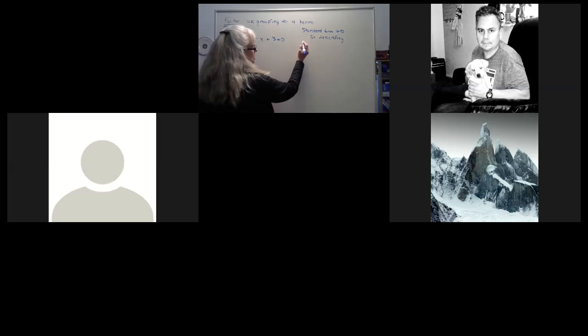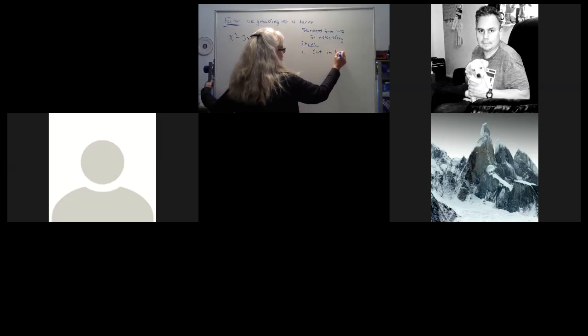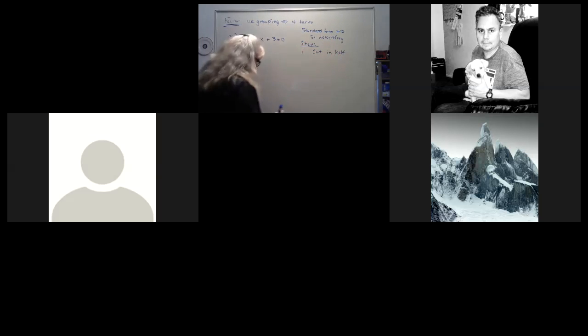Okay, so to actually do the grouping, here's the steps we're going to follow this time. We're going to split the problem in half. So we're going to cut in half. And literally what I like to do is to draw a little squiggly line that puts 2 terms and then the next 2 terms. That's my cutting it in half.